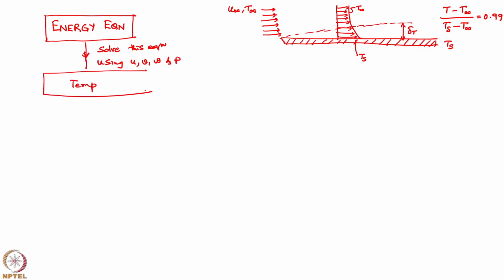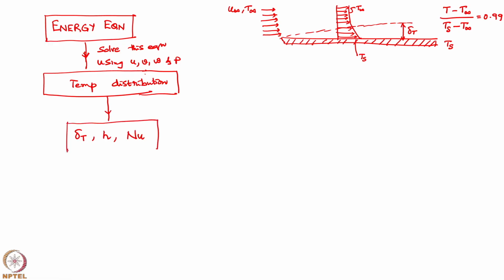So, you get the temperature distribution. Using this temperature distribution, what is the engineering outcome? The engineering outcome is you get the thermal boundary layer thickness and the heat transfer coefficient, which is represented in the non-dimensional form as the Nusselt number.